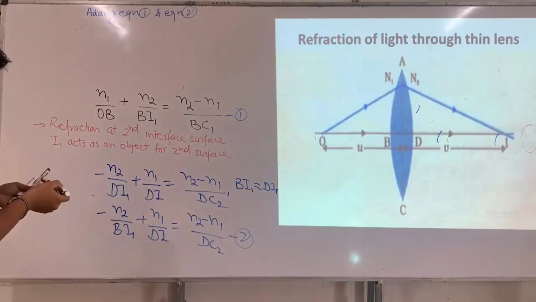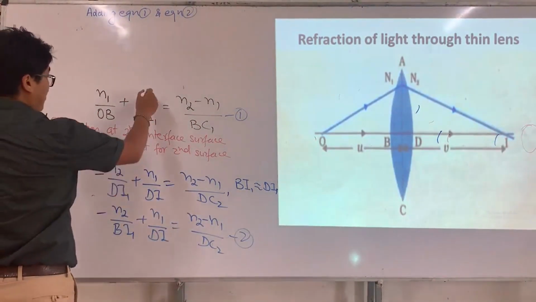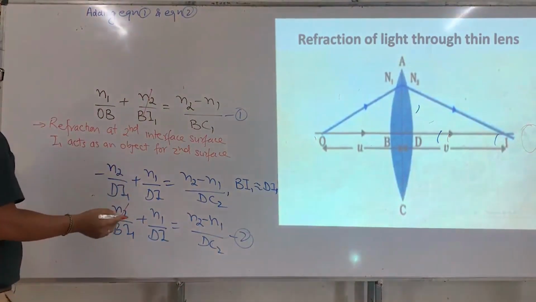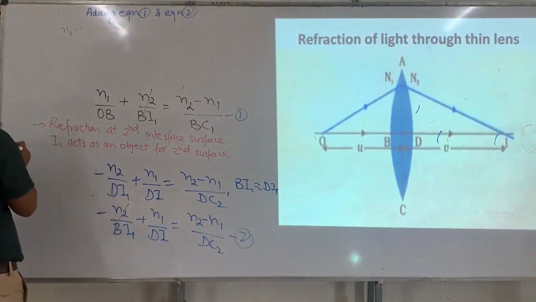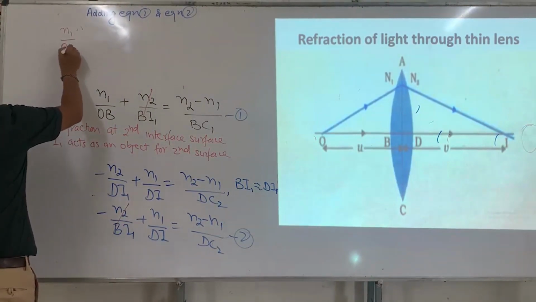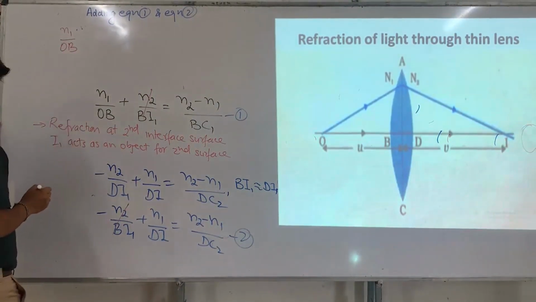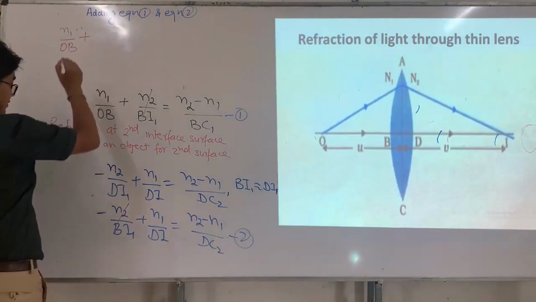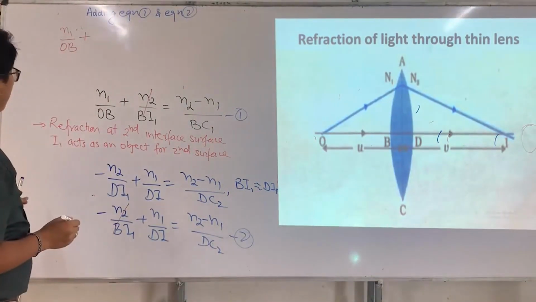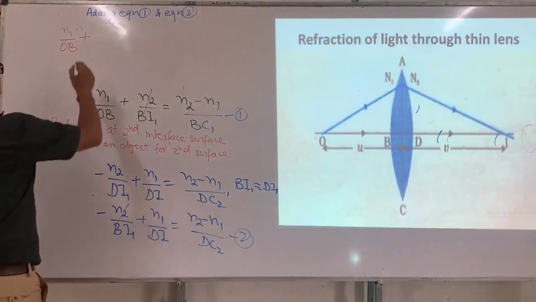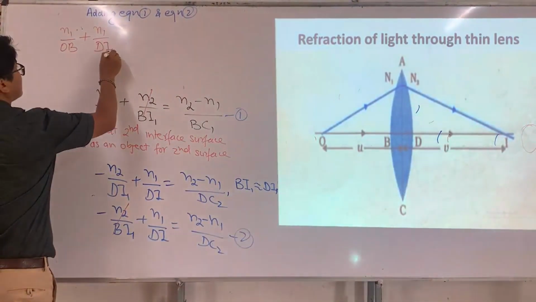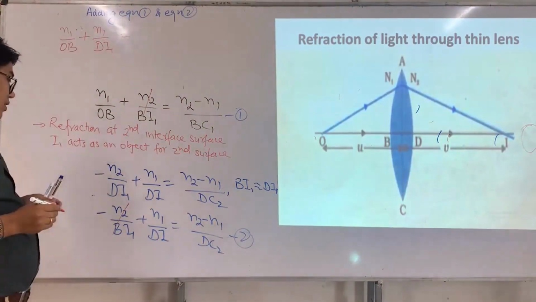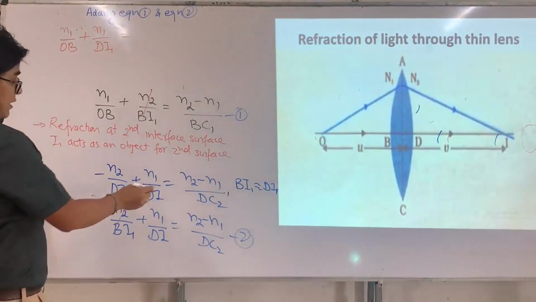Alright, if I add up these two equations, these two cancel out. So finally what I get is n1 divided by OB plus n1 divided by di1, and then what else?